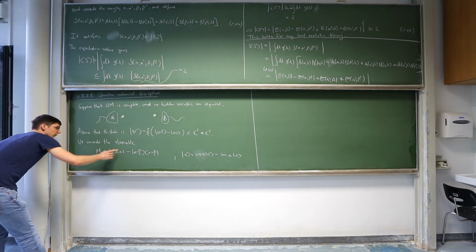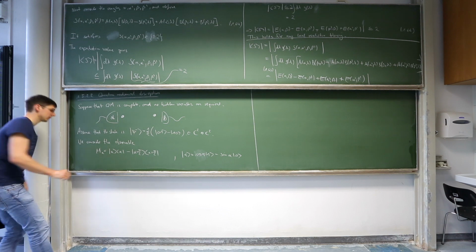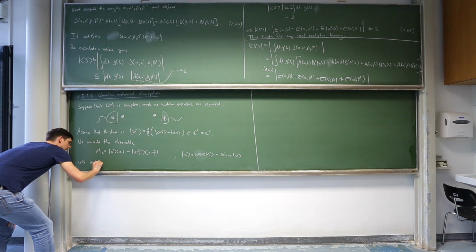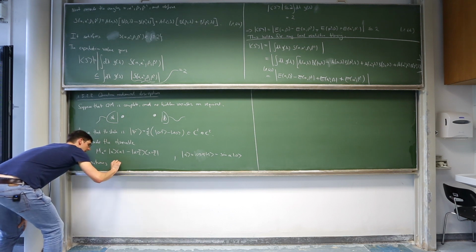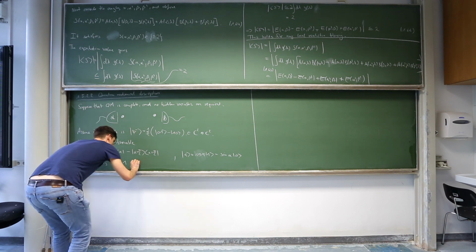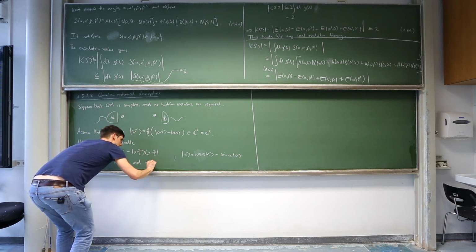This observable is a Hermitian operator, and it has the outcomes m equals 1 and m equals minus 1.